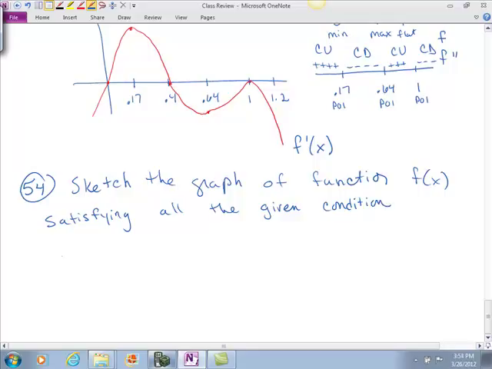All right, so they told you on number 54, f prime of x is greater than 0 and f double prime of x is less than 0 for all x. Okay, so what two things can you tell me that this function f is doing?